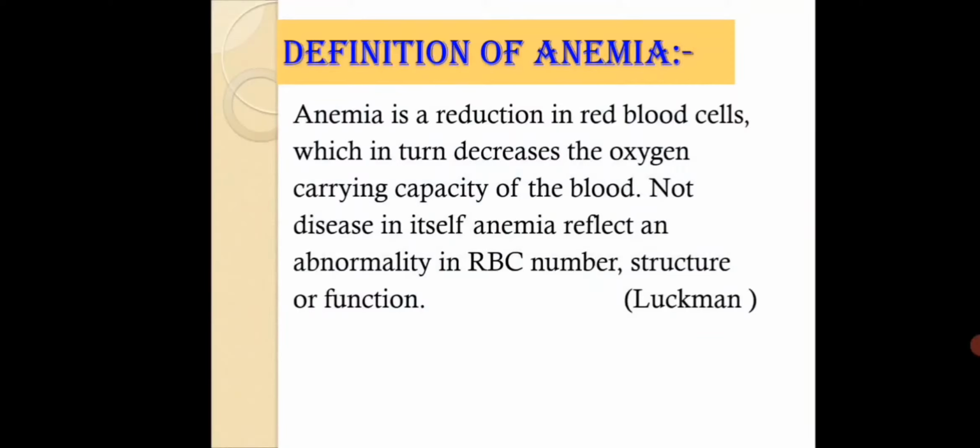And the main function of hemoglobin is to carry the oxygenated blood to each cell or each part of the body. So there is decreased oxygen carrying capacity of the blood, and it is not said that it is a disease, but anemia itself reflects an abnormality of RBC, maybe in number, structure, or function. There may be abnormal structure of the RBCs, the number will be decreased, and the structure will be disturbed.